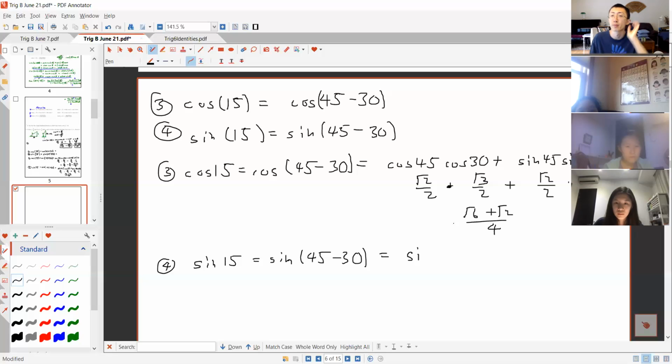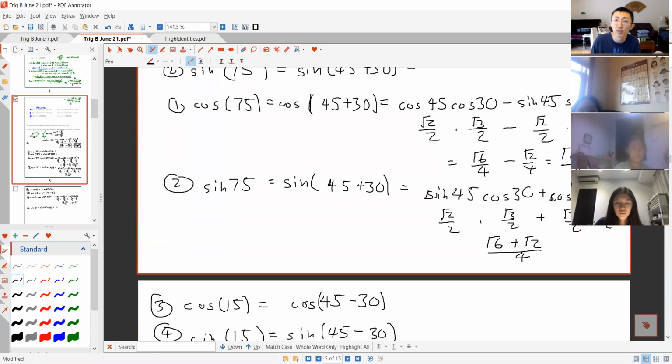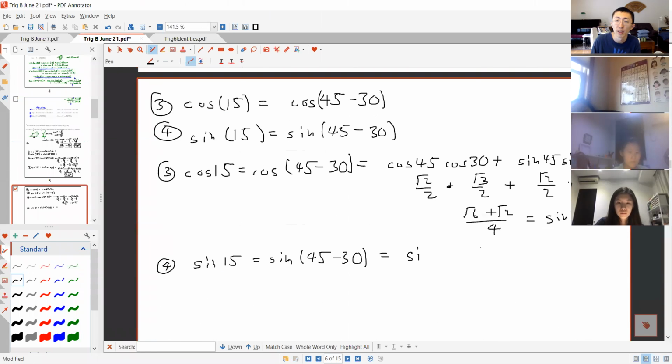And then this one, well, notice this is the same as sine of 75. Earlier we found sine 75 to be the same thing. And that makes sense because if this is 75, then this is 15. So cosine 15 is a over c, and sine of 75 is also a over c.